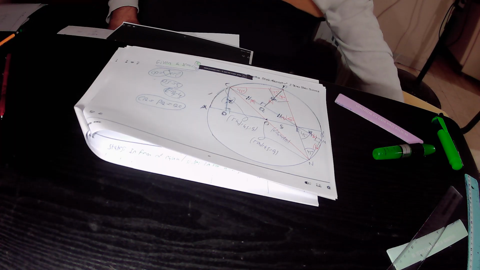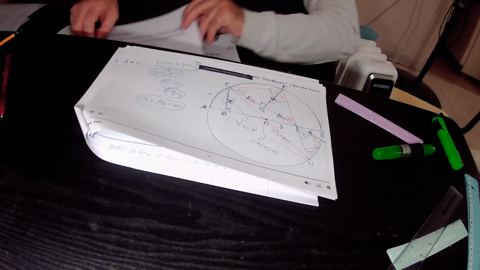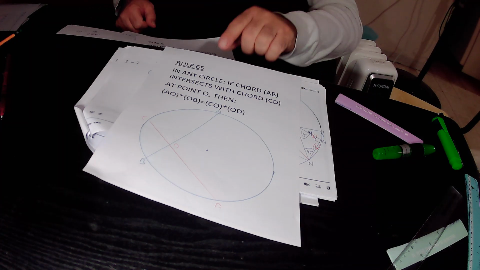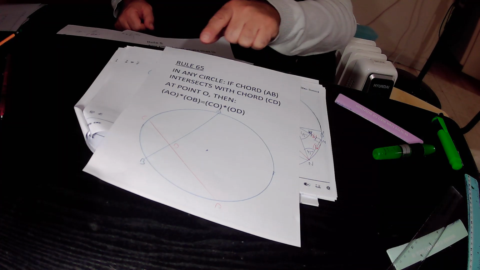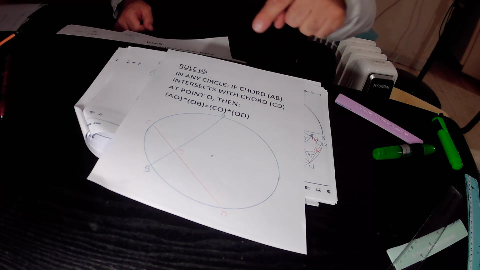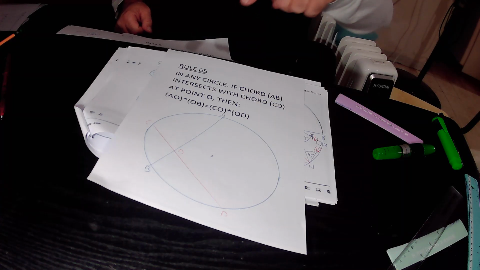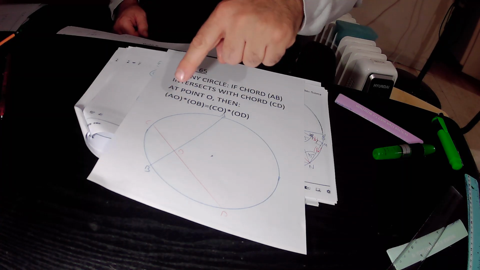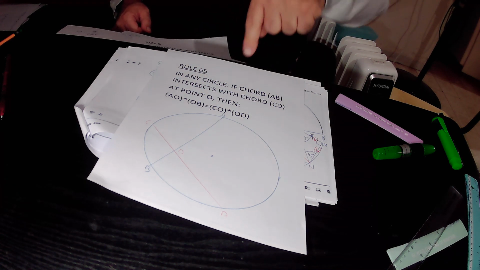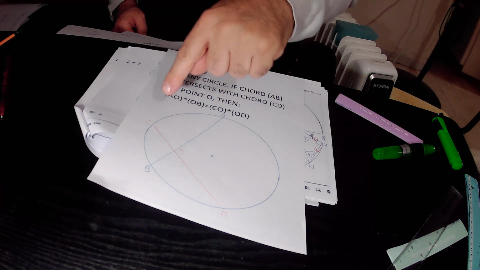According to rule 56, in any circle, if chord AB intersects with chord CD at point O, then the following equation is true: AO times OB equals CO times OD. So again we have chord AB that intersects with chord CD at point O. In this drawing, the following equation is true: AO times OB equals CO times OD. Again, AO times OB equals CO times OD.